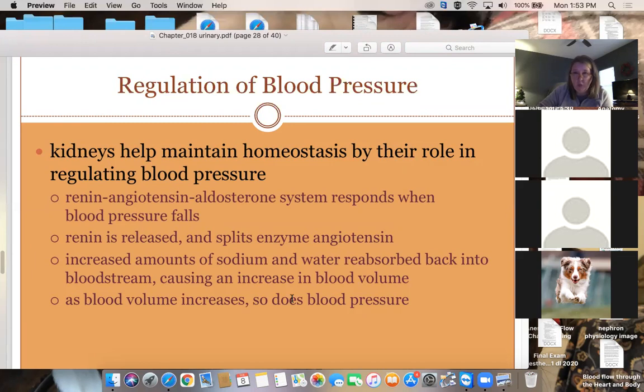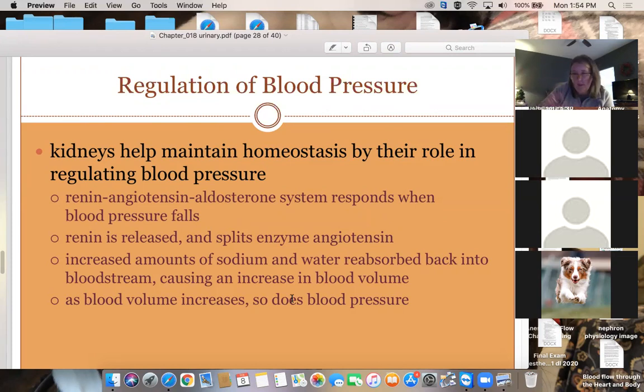Now, angio means vessel, tension means pressure. Angiotensin, that's where that word comes from. Renin splits angiotensin, and what this does is it tells the kidney to reabsorb sodium into the bloodstream. So sodium, instead of leaving in urine, gets reabsorbed in the bloodstream.